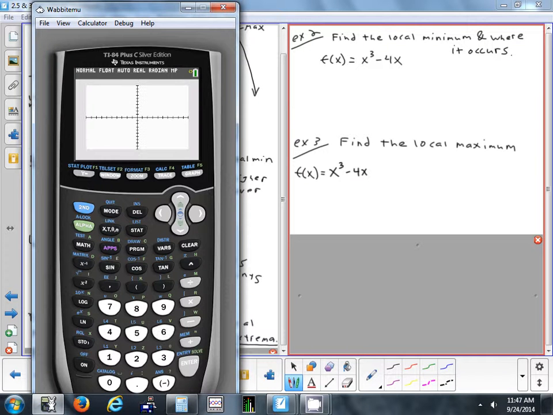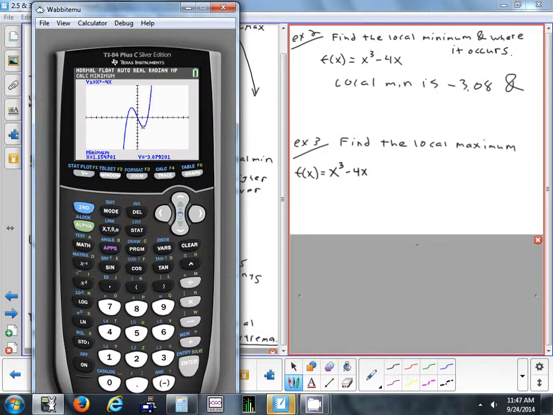Say x cubed minus 4x. Okay, the local minimum is on the right-hand side. Go to the left, right. So the local minimum is negative 3.08. That's the lowest that the function gets on the y-axis. Min is, what does it say, negative 3.08.